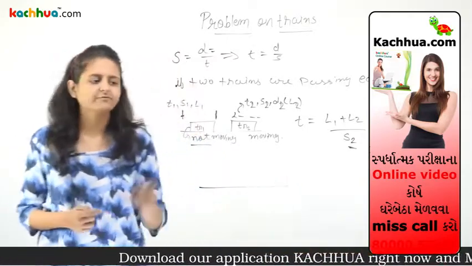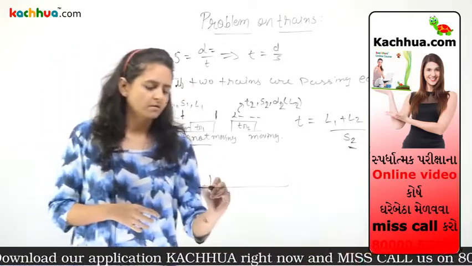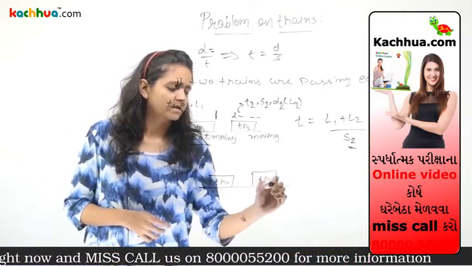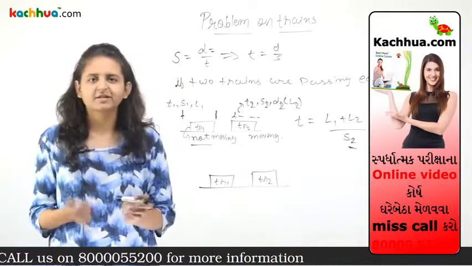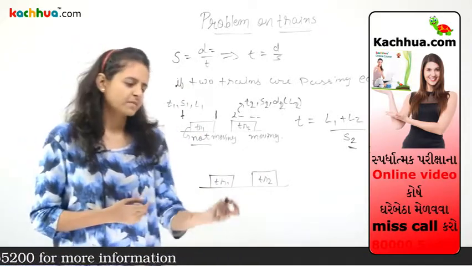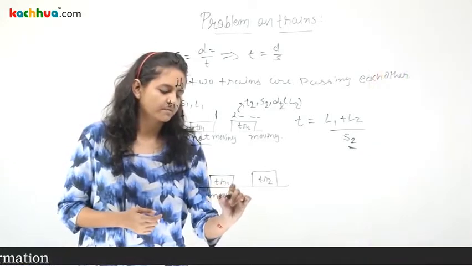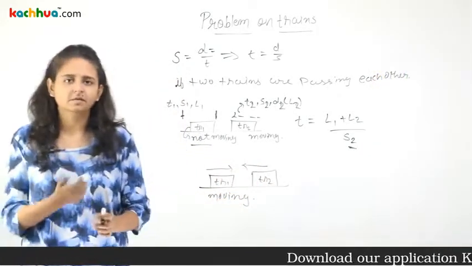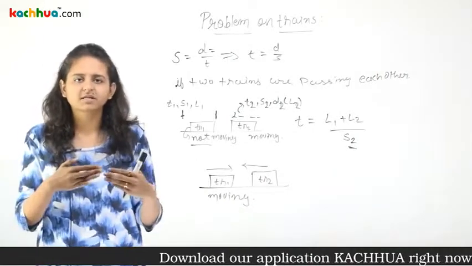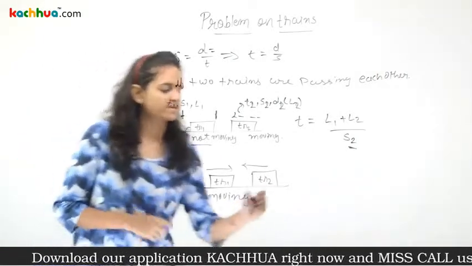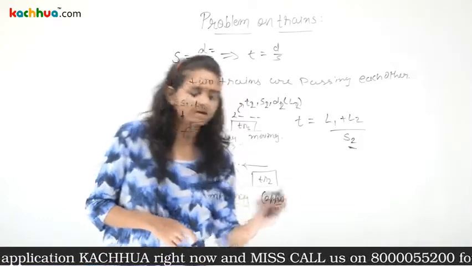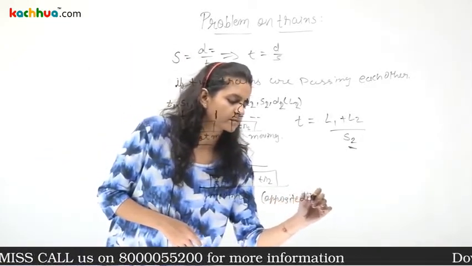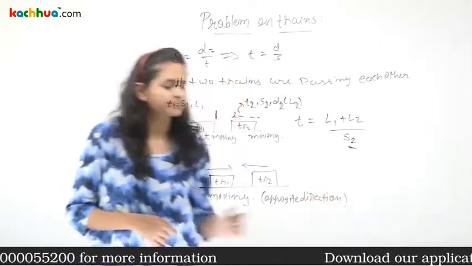Same way, what if both trains are moving? Suppose TR1 and TR2, both are moving in opposite directions. Now we know when there is opposite direction or different direction, what we have to do?